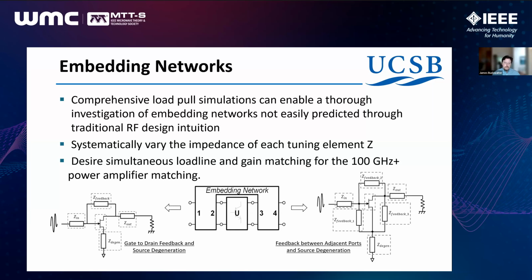And so when you think about this generalization of a network that would be used to match to the device, you can think about adding to the left feedback elements between the gate and the drain, as well as series elements at the gate and the drain, which might be used for tuning, or series feedback as degeneration at the source of the transistor. But that's one simple way to think about it.